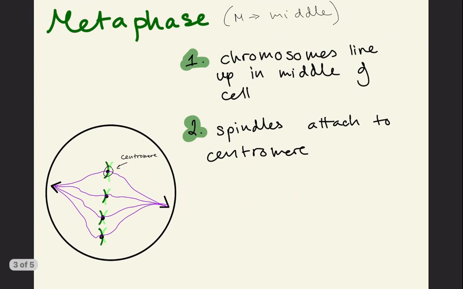All right, so then comes metaphase, and you can remember this by M, and M stands for the middle, right? So why might that be? Well, the chromosomes line up in the middle of the cells, right over here. See, the chromosomes are in the middle of the cell. And the spindle fibers attach to the centromere.